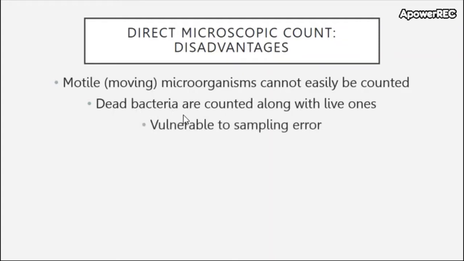It's also very vulnerable to sampling error. That's because if you imagine the plates, those colonies aren't going anywhere. They're just little cities that grow on that plate, and you can take your time and count them out. But in a liquid culture, it's really hard to count all of the cells because they're floating around and moving around.